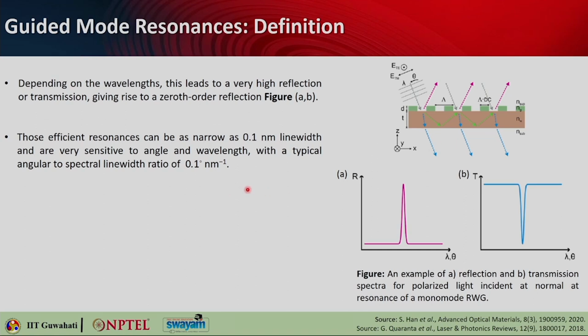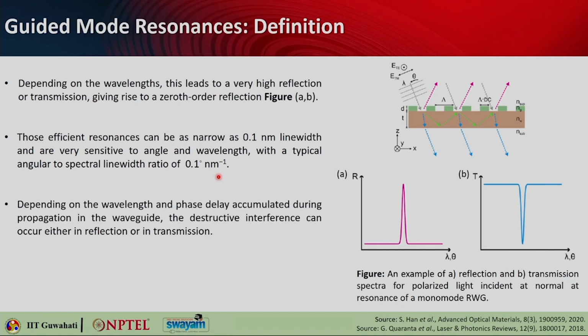So, those efficient resonances that you have seen here can be as narrow as 0.1 nanometer line width, and they are very sensitive to the incident angle and the wavelength. You can see a typical angular to spectral line width ratio is about 0.1 degree per nanometer. So, you can see they are very sharp, so they can give rise to very high Q resonance, and they are also tunable.